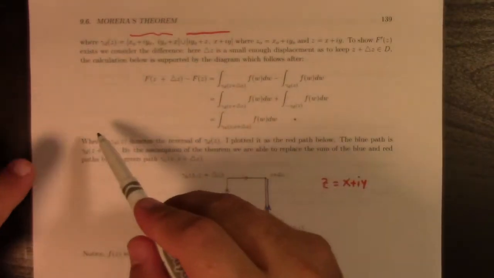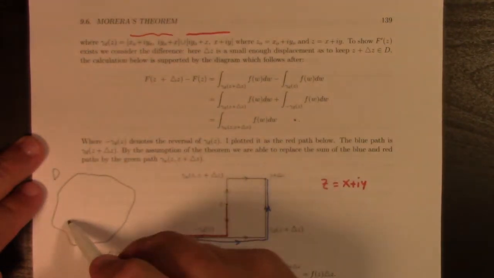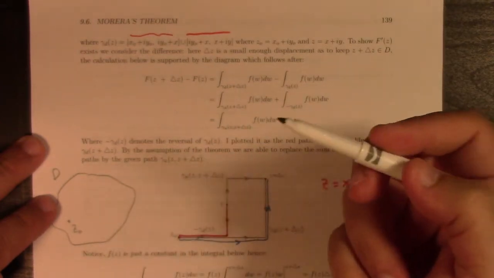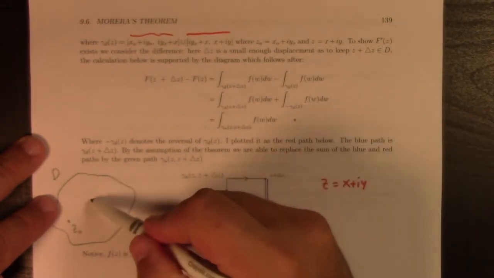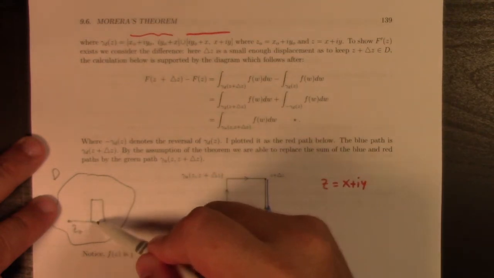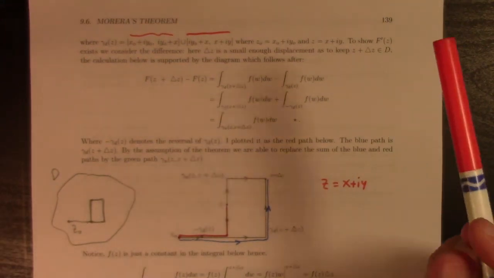The larger picture is that there's some set D, and we're picking some point z naught, and to get to a rectangle, we're getting to the rectangle from z naught like that.